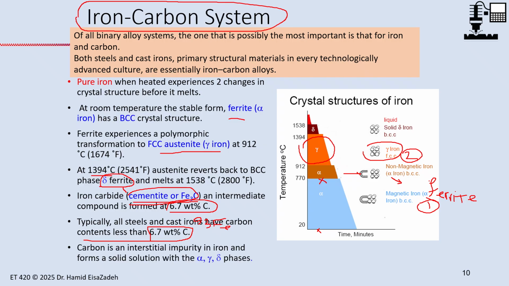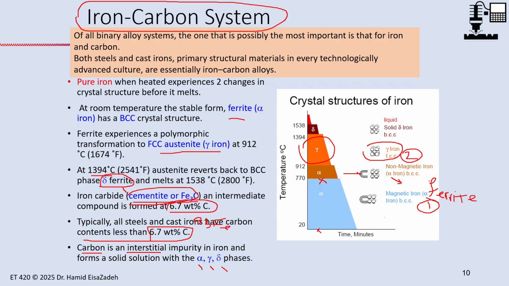And we mentioned that carbon is an interstitial impurity. So we have a solid solution of the interstitial type because carbon sits between iron atoms because it's so small. And carbon can dissolve in all of these phases.